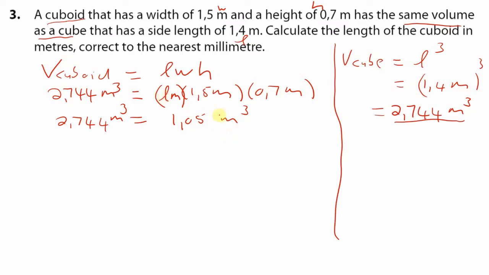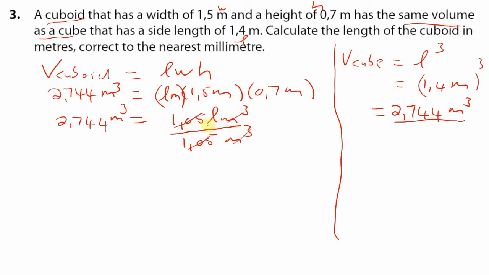But remember, there's still an L. We still have to multiply that 1,05 with the L, because that's the missing one that we are looking for. So now we simply want L. We don't want 1,05 Lm cubed. So we will have to divide by 1,05 cube meter to cancel everything except the L.